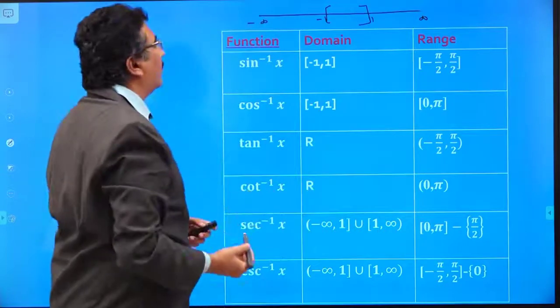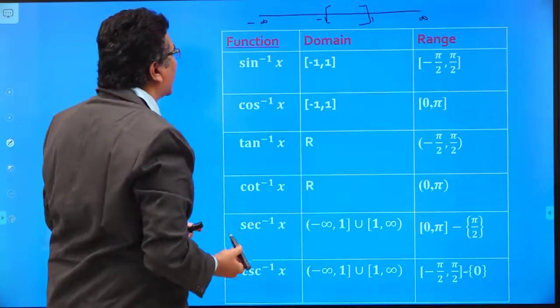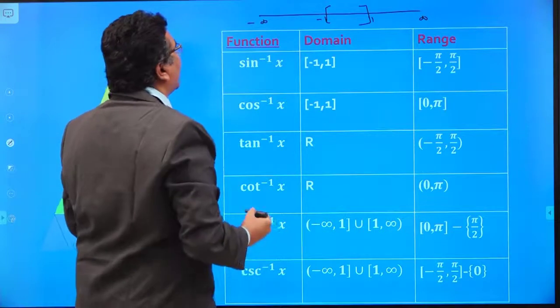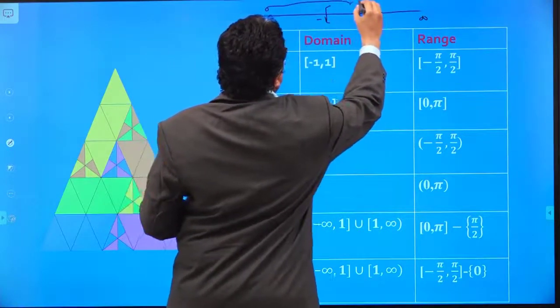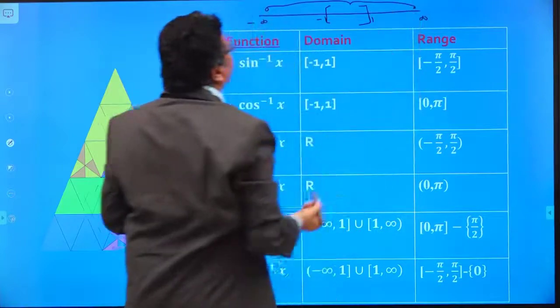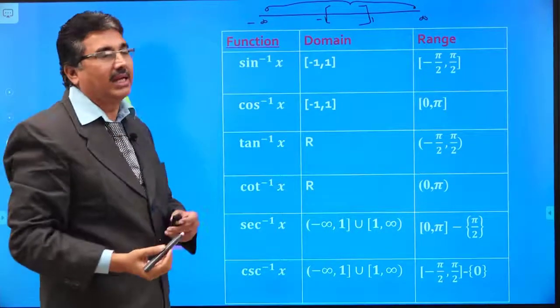The domain of tan inverse x and cot inverse x is the entire real line, minus infinity to infinity.